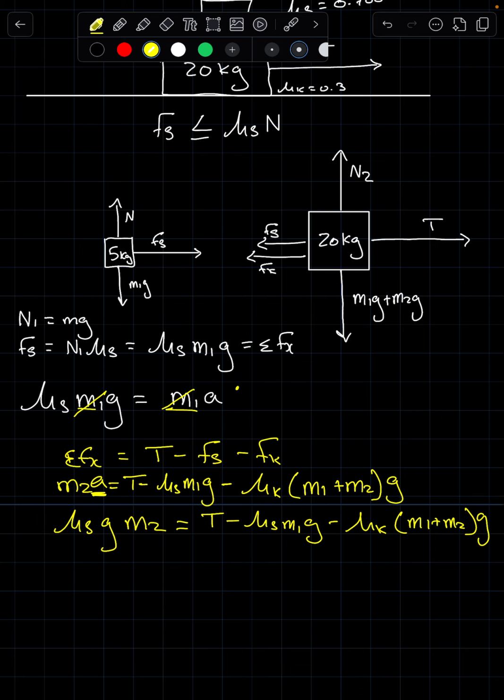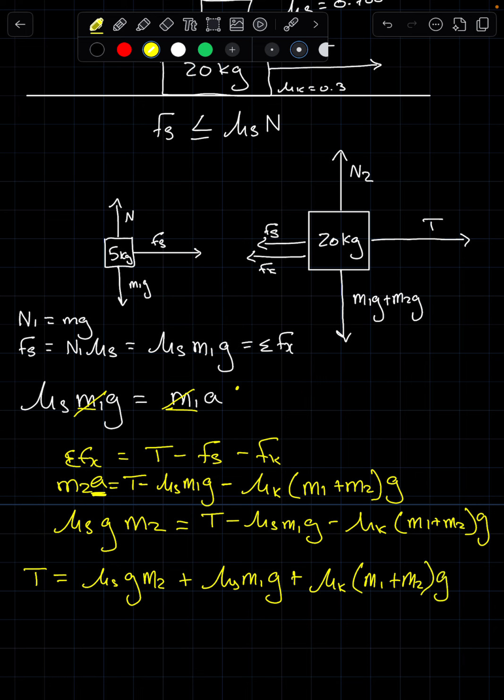Now, let's move them all onto the same side. We get T equals mu s g M2 plus mu s M1g plus mu k times M1 plus M2 times g, right?